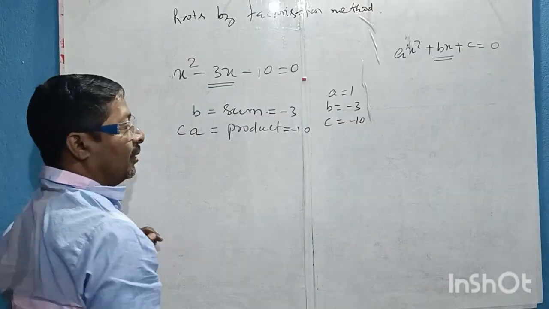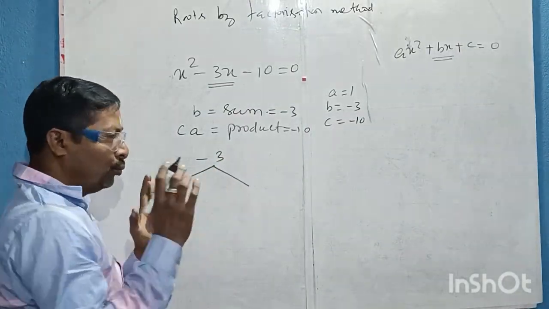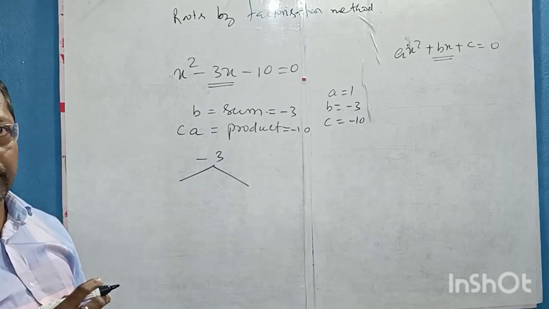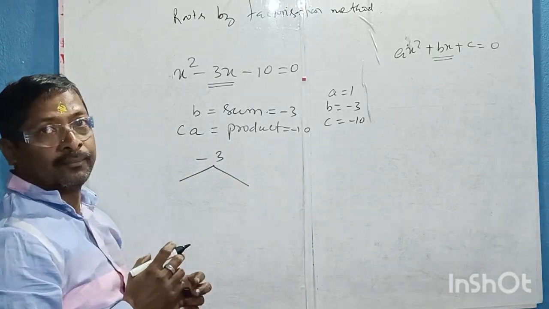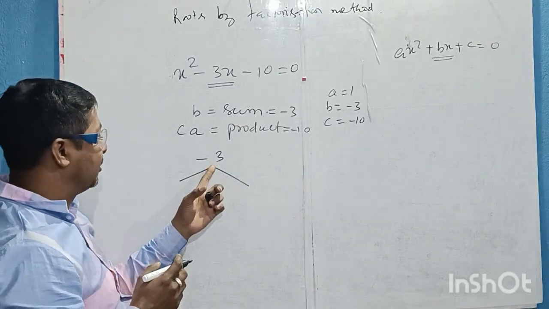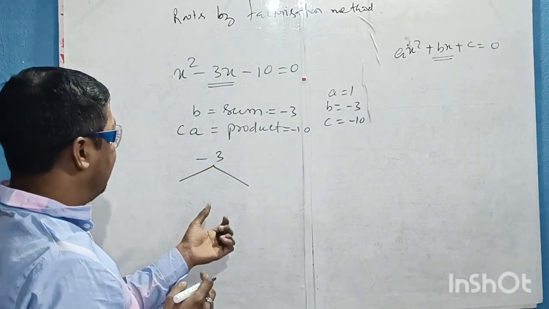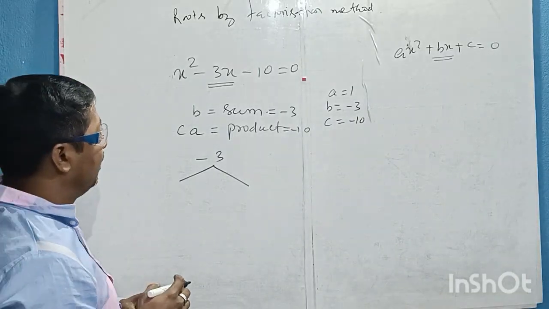Minus 3. So you have to split minus 3 into two such parts so that the product will be minus 10. So in what way can you make it?